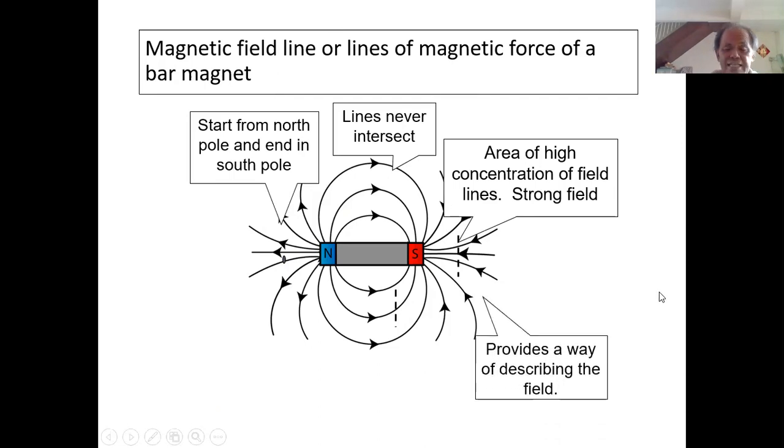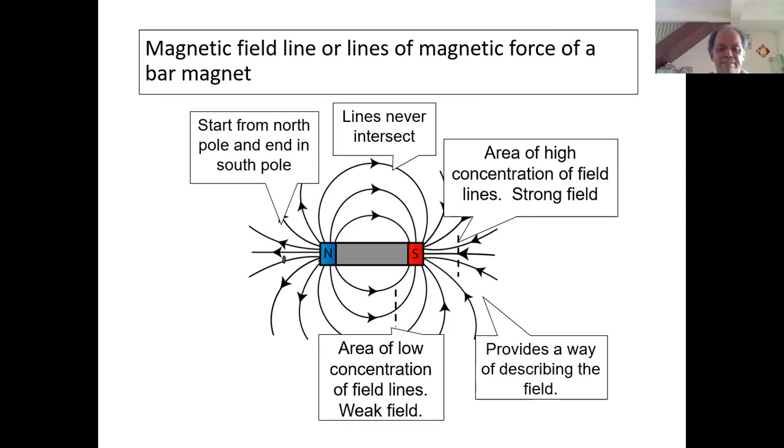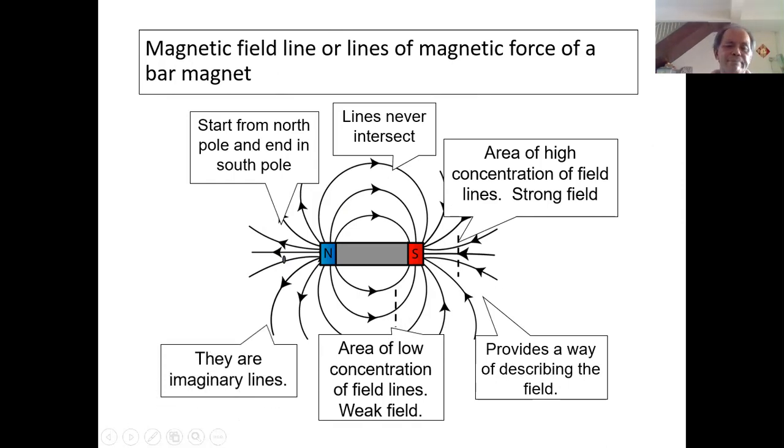Basically, the lines just provide a way of describing the field. That part is stronger, that part is weaker. It doesn't give you the magnitude, it gives you a relative comparison of the magnitude only, not an actual number. So the number of lines per unit area is smaller here, so it's a weaker field at the side. They are imaginary lines, it's in our head.